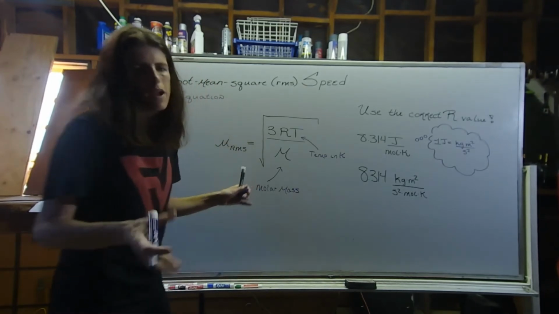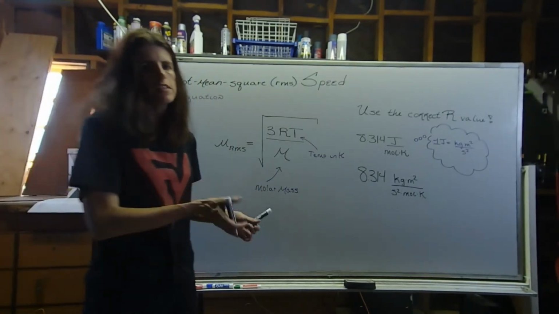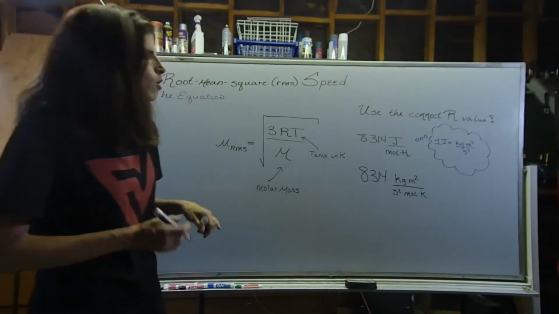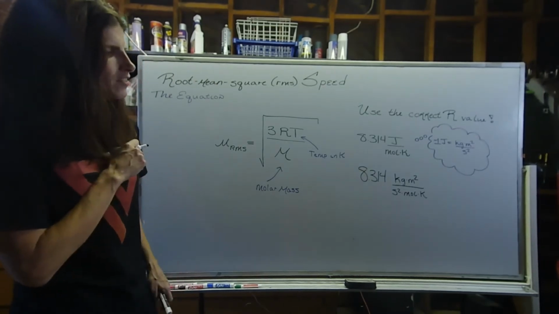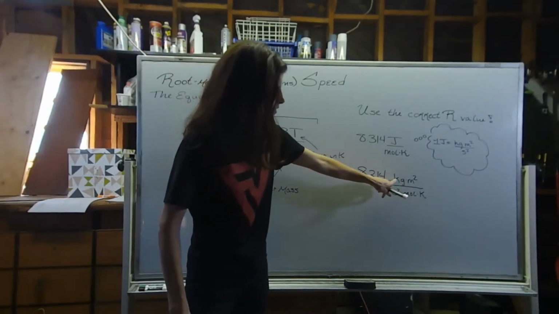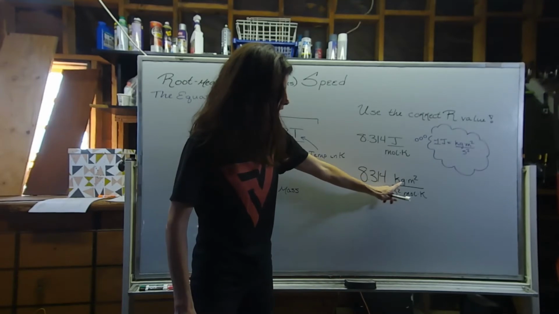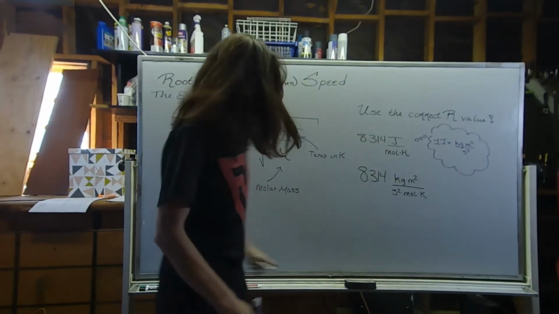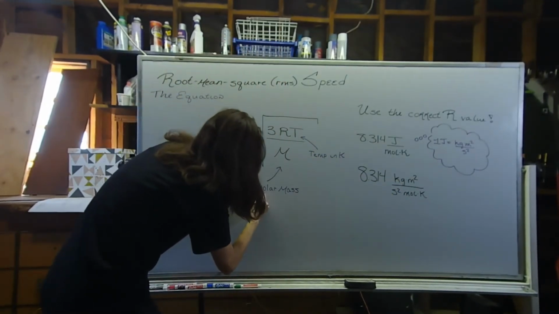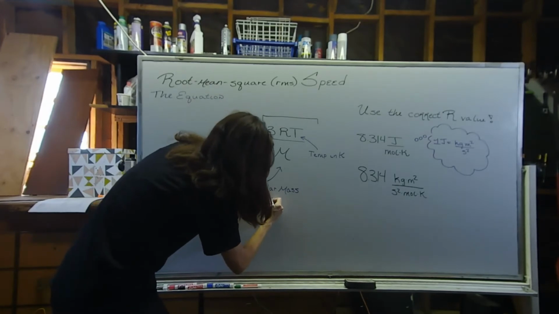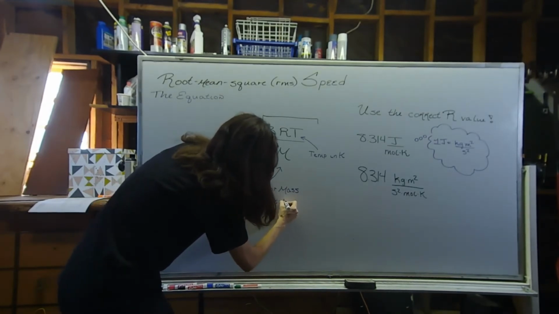It's the same molar mass that we've been doing since day one using the periodic table. The only caveat here is, looking at these units, we're going to need to get rid of kilograms and moles. So the units here should be kilograms per mole.